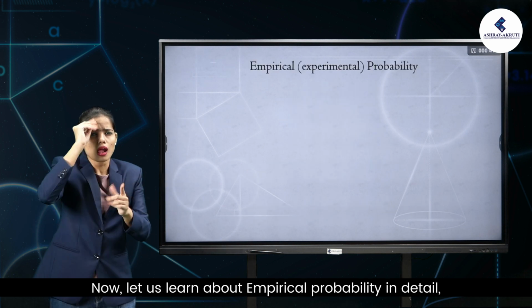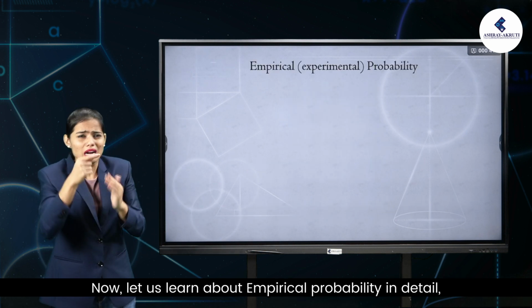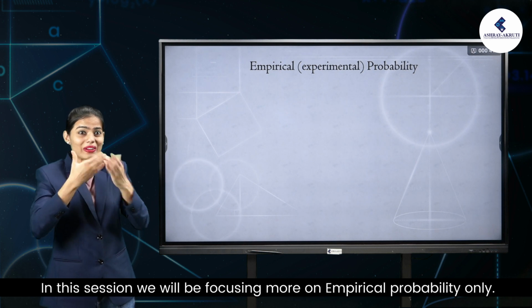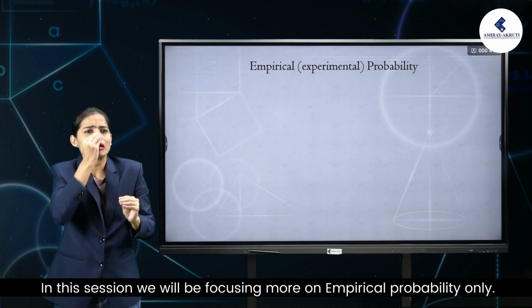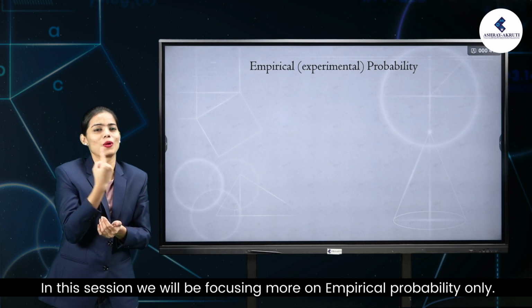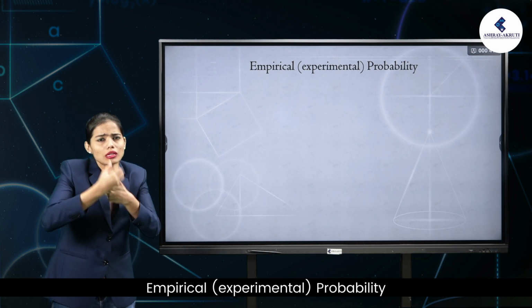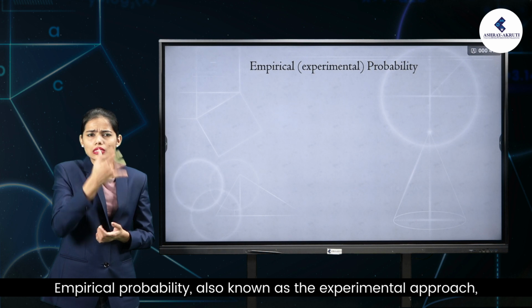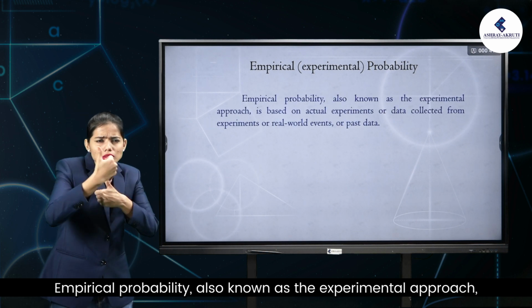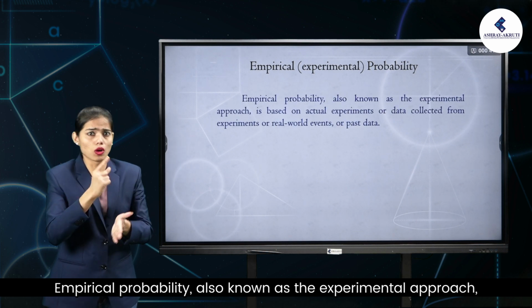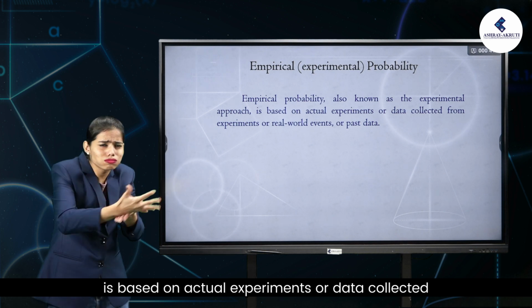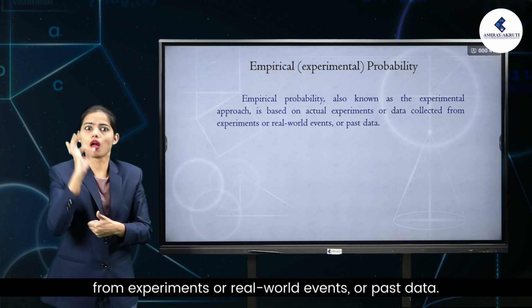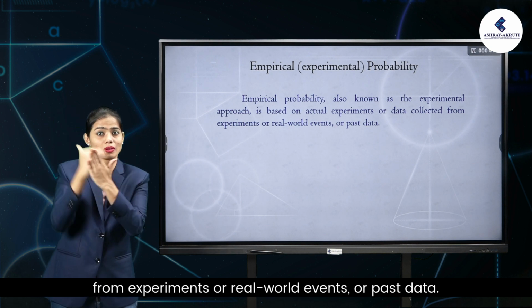Now, let us learn about empirical probability in detail. In this session, we will be focusing more on empirical probability only. Empirical, or experimental, probability, also known as the experimental approach, is based on actual experiments or data collected from experiments or real-world events or past data.